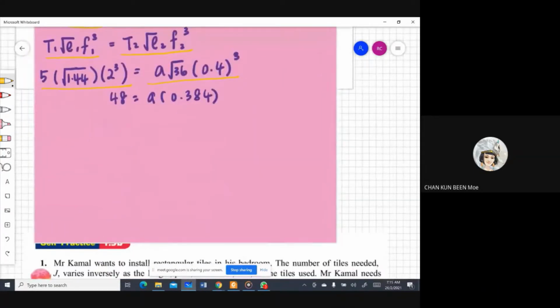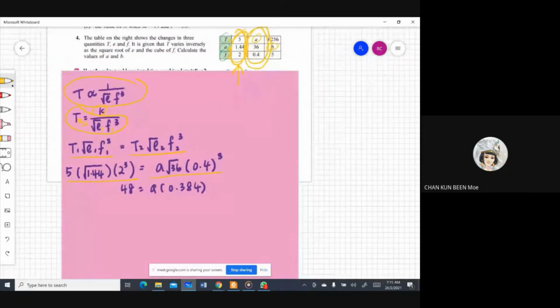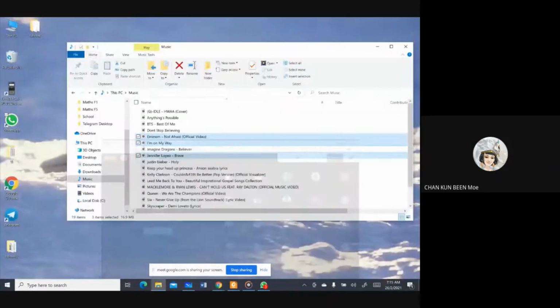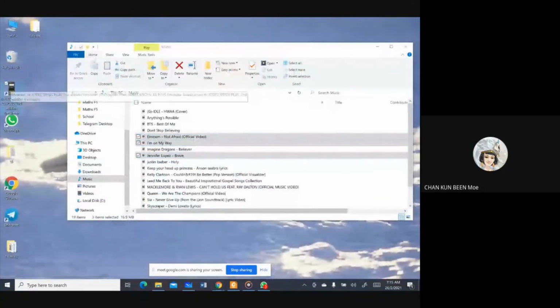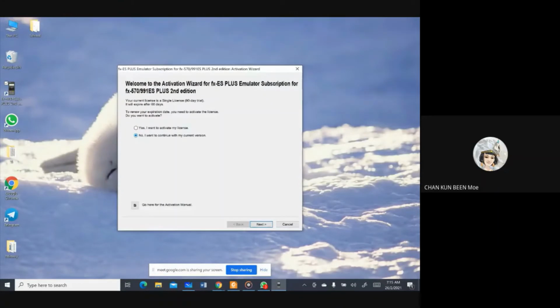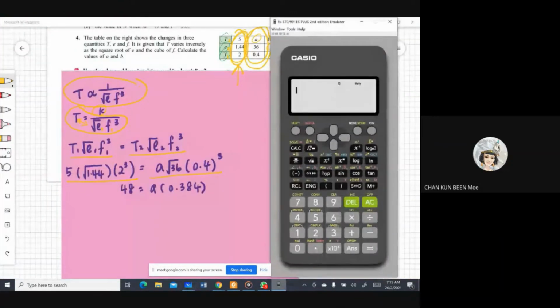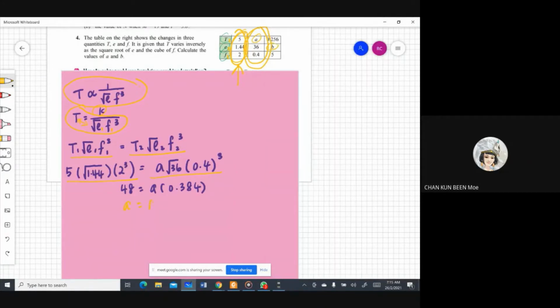Where is the answer? Okay, never mind. The answer is not here. So let's show the working. Okay, for what we have just now, to find the value of A, A is equal to 48 divided by 0.384. Then you will get A is equal to 125.